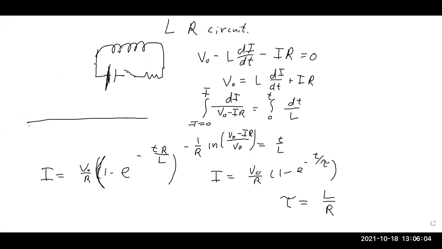Current versus time: we've got our exponential decay up towards its final value. And the final value you get is what you'd get if the inductor wasn't there at all. So you just get your voltage over your resistance. And our characteristic time is L over R.